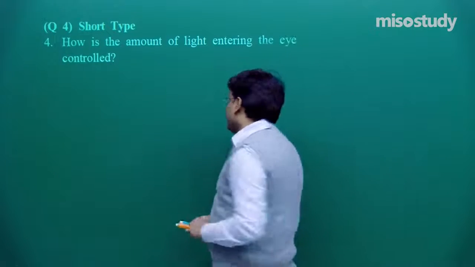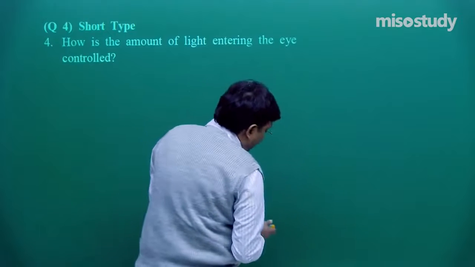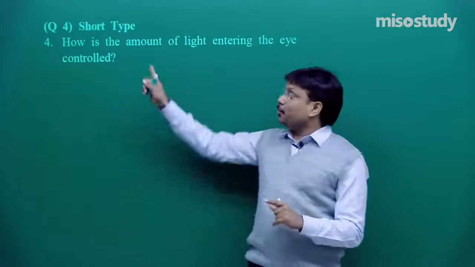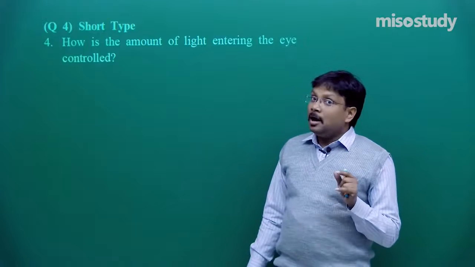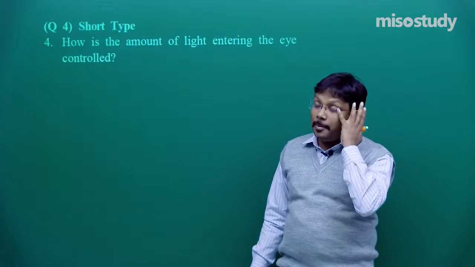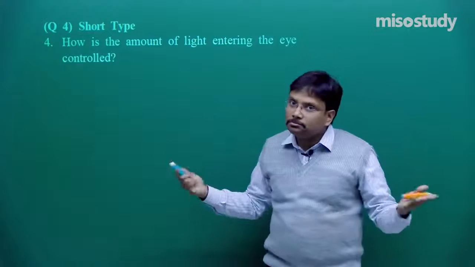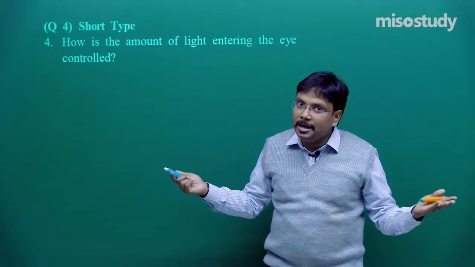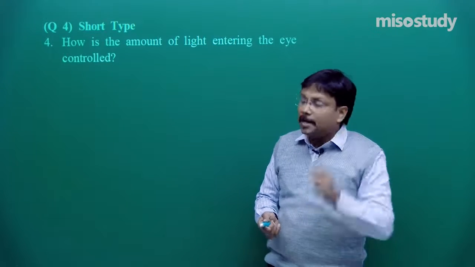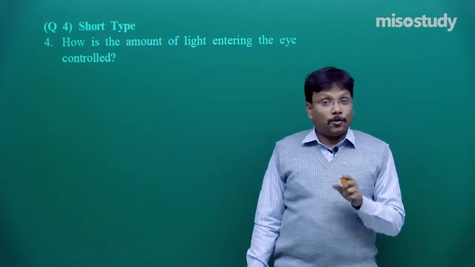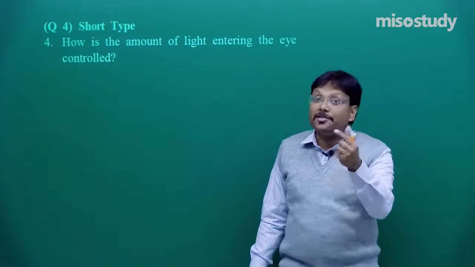If this question is asked in very short format, then you can write iris, simple, IRIS, it is a part of the human eye. But because it is short answer type, meaning 2 marks, you have to write the answer in this way.